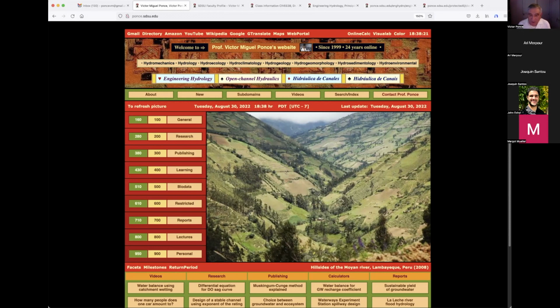Like in this case, we had this watershed that had very steep slopes on the sides, almost 40 to 45%. We had not seen that in any other place. This is very unusual. And this is in the Andes, in the Moyan River, in Lambayeque, northern Peru.